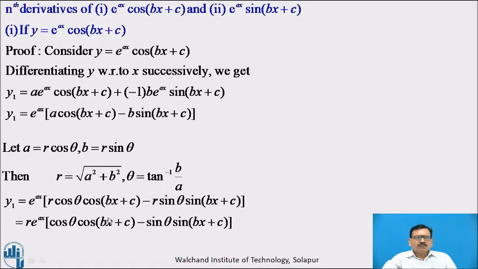Therefore, y1 equal to e to the power ax, and substituting the value of a as r cos theta into cos(bx plus c), minus b as r sin theta, that is minus r sin theta into sin(bx plus c), which is equal to, we can take r common from both terms, that is r into e to the power ax into [cos theta cos(bx plus c) minus sin theta sin(bx plus c)].